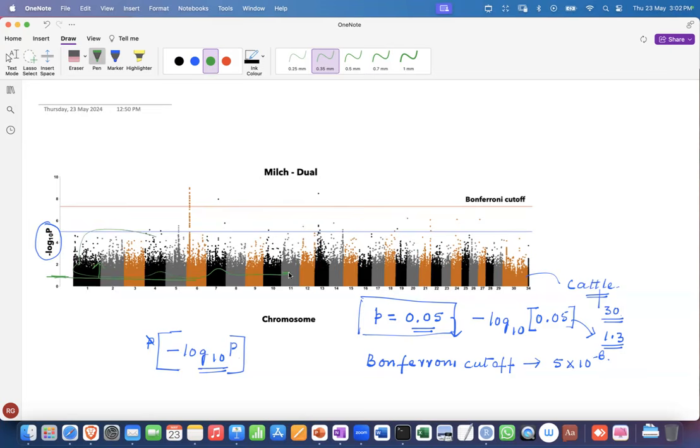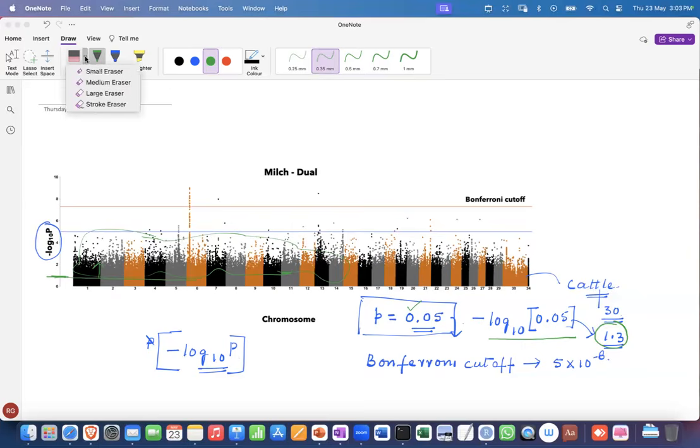Look at the number of SNPs that are significant here. So these are all false positives. If you consider p of 0.05 and 1.3 as your value, see how many false positives you already have. That is the reason why we take a Bonferroni.